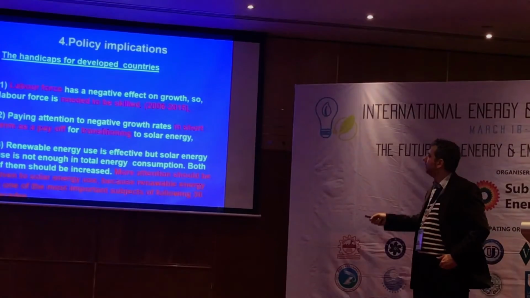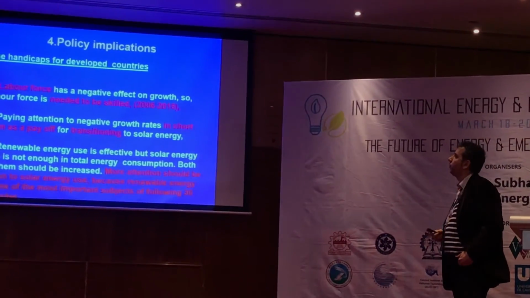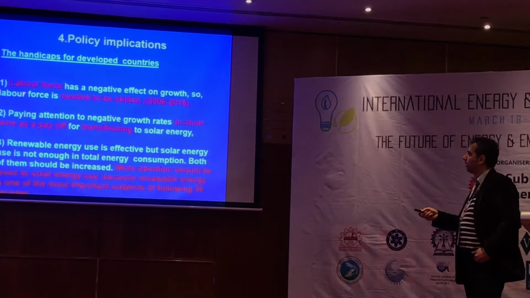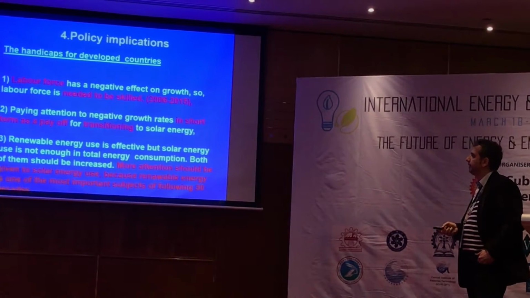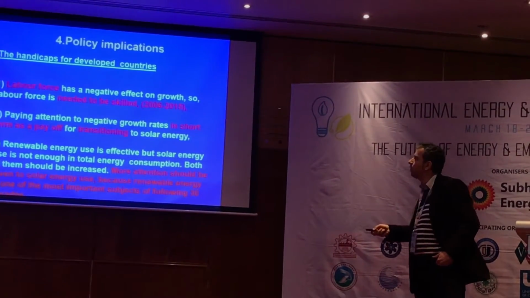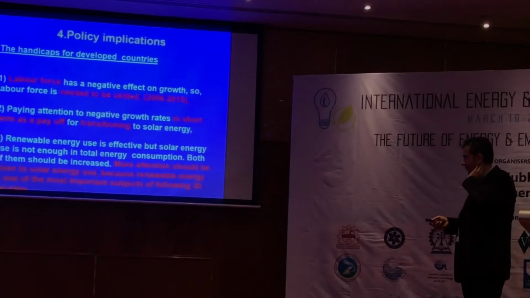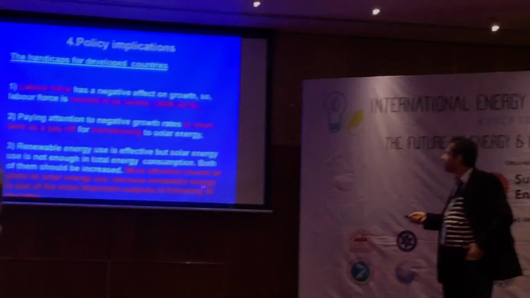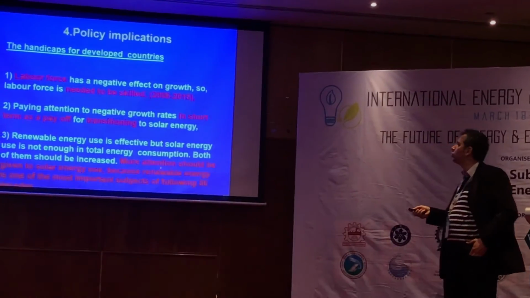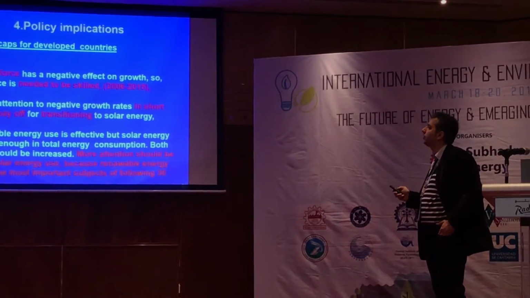And as policy implications, what we found is that the labor force needs to be skilled, paying attention to negative growth rates in the short term as a payoff for the transition to renewable solar energy. Third, more attention should be given to solar energy use because renewable energy is one of the most important subjects of the following 30 decades.